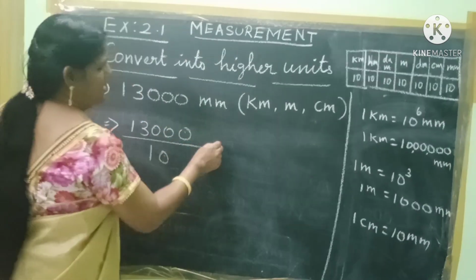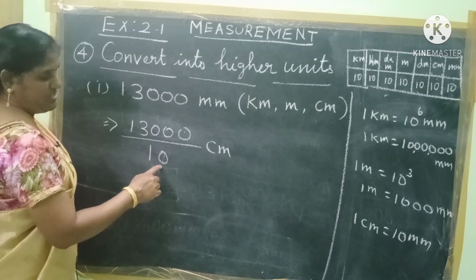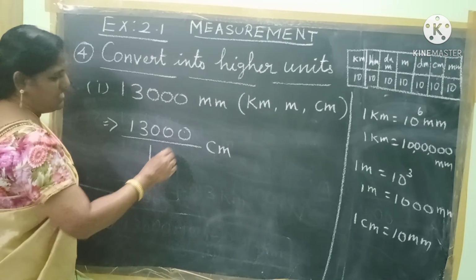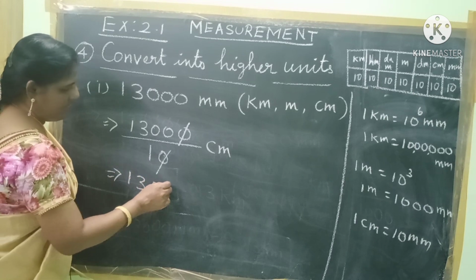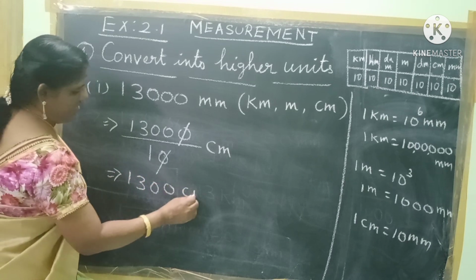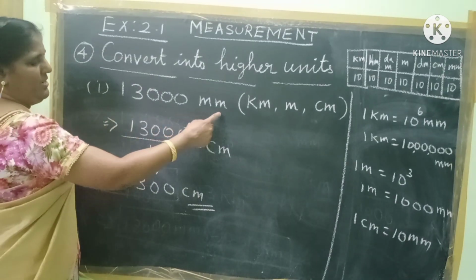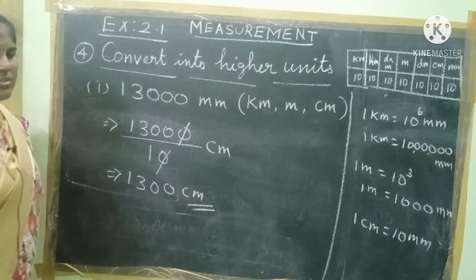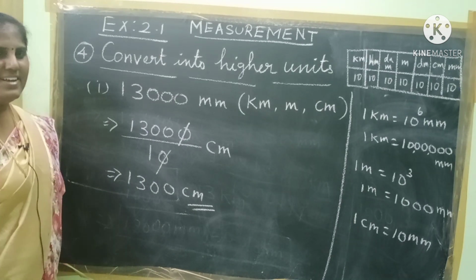We need to change it to centimeter. How many zeros are here? 1 only, 1 zero. Just cancel 1, 1. So what is the remainder? 1300 centimeter. So 13,000 millimeter is equal to 1300 centimeter. This is the answer.